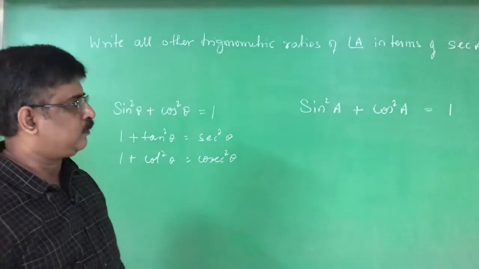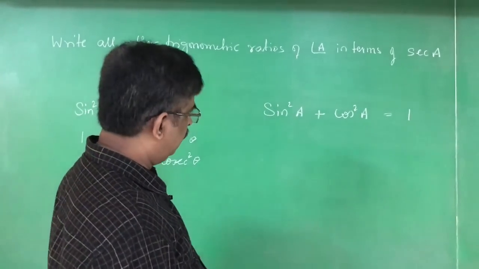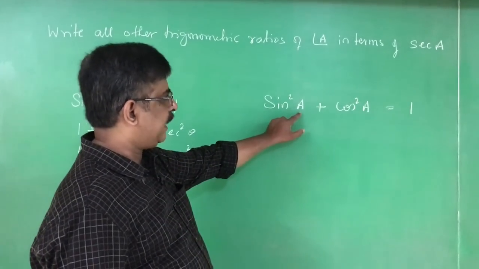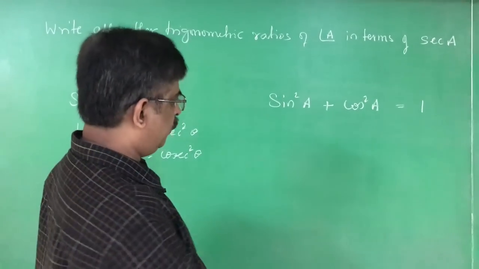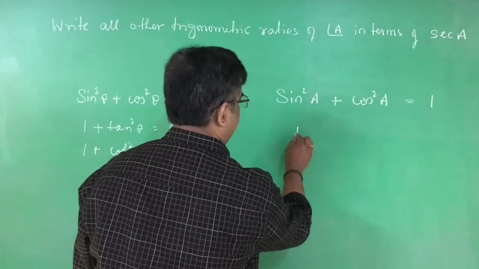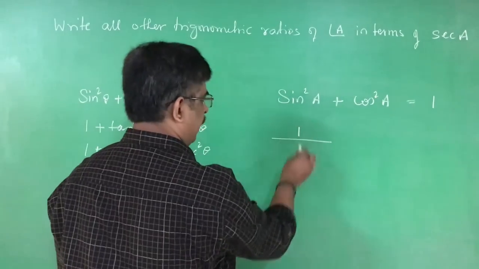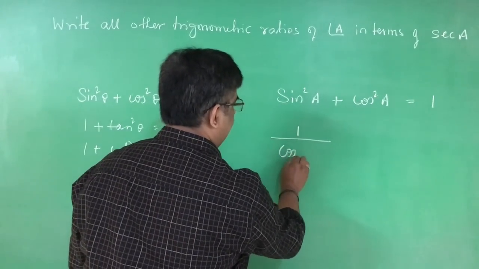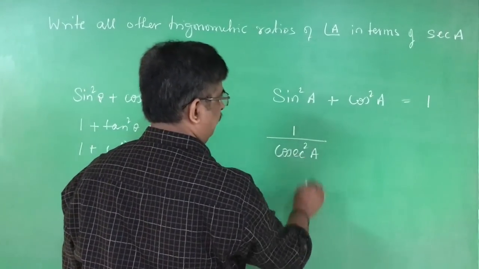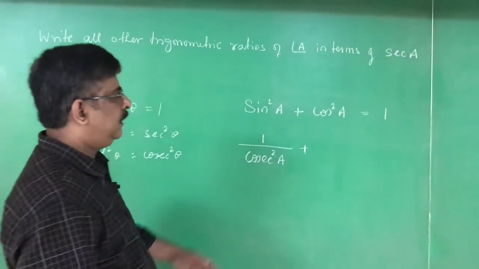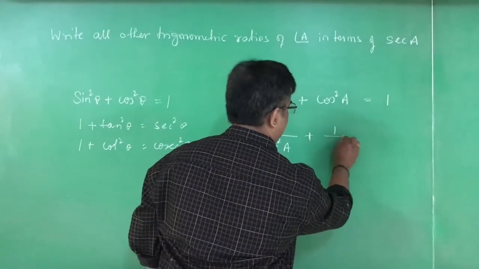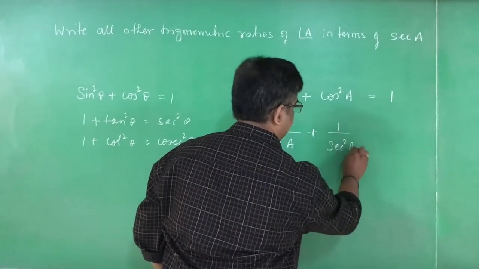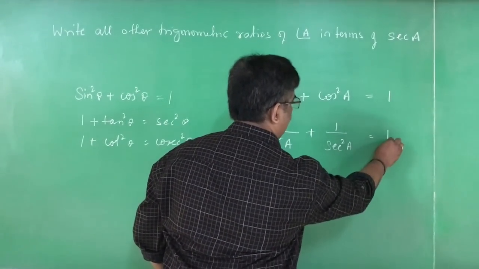Reciprocal of sin square A is cosecant square A. Therefore, it becomes 1 by cosecant square A plus, I take the reciprocal of cos square A, that is 1 by secant square A equals 1.